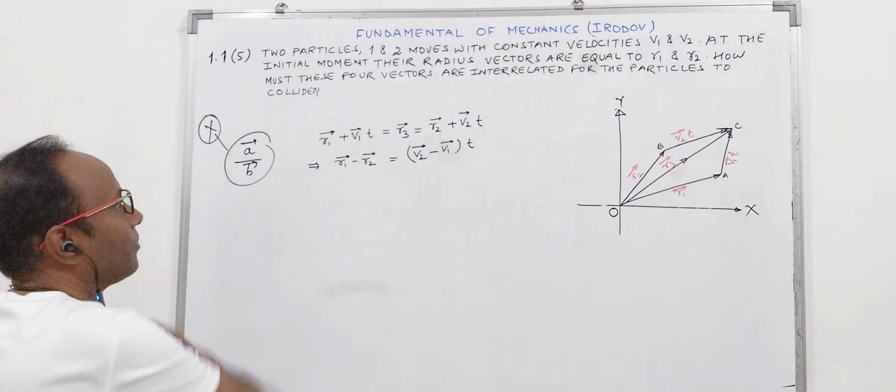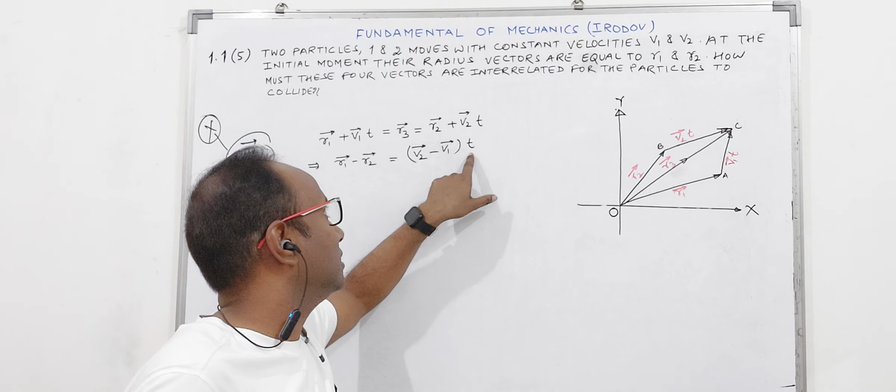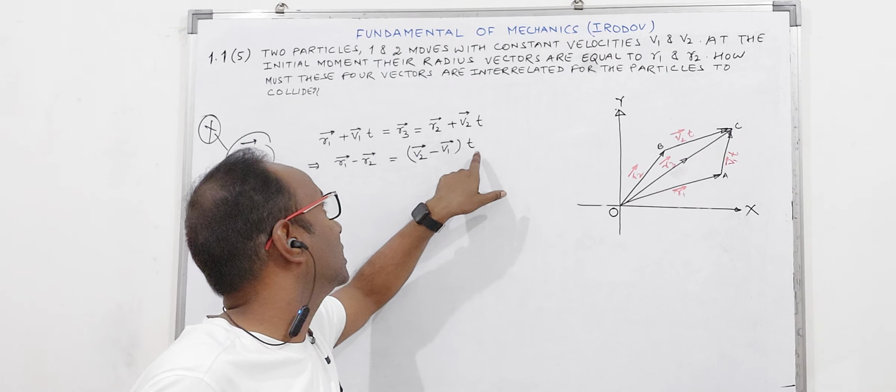It's wrong. So to get t, which is a scalar quantity, you will have to use this equation, but it will go like this: magnitude of the r1 minus r2 vector divided by the magnitude of the v2 minus v1 vector.